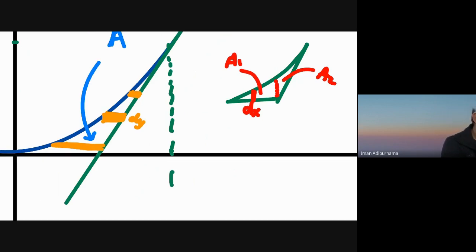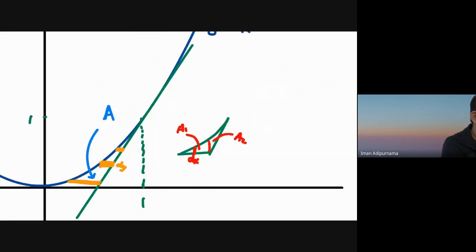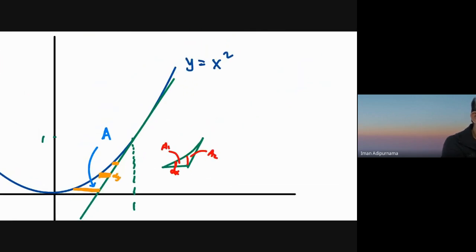But since I will use dy, first we will rewrite the equations in terms of y. So x becomes the square root of y.